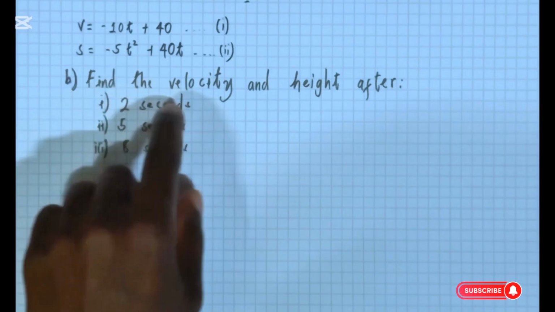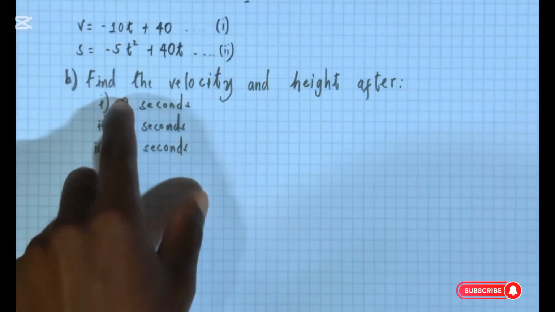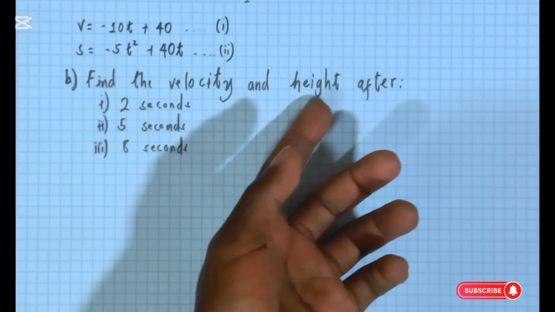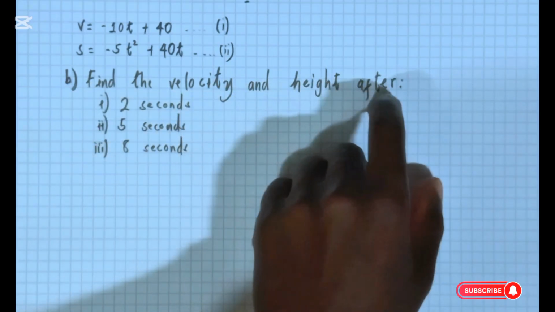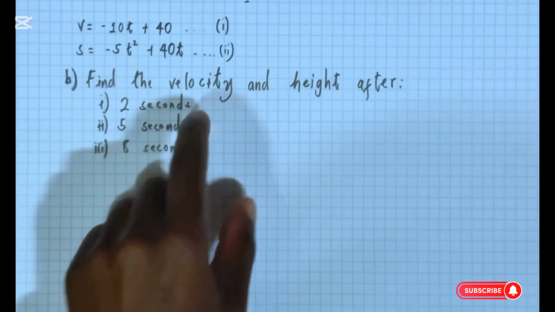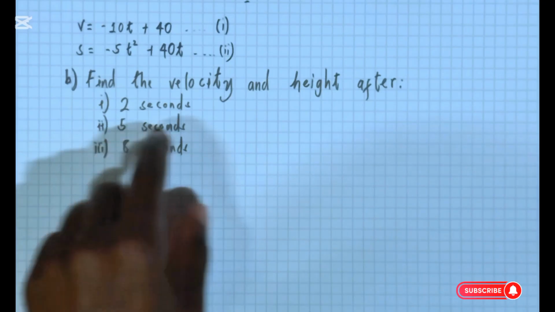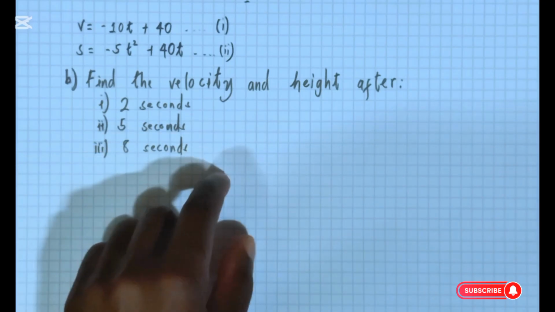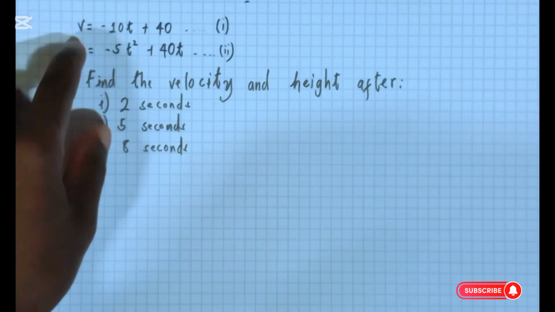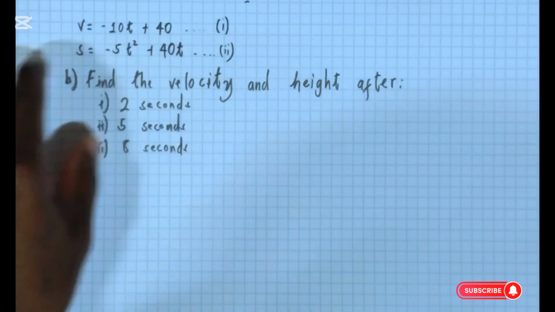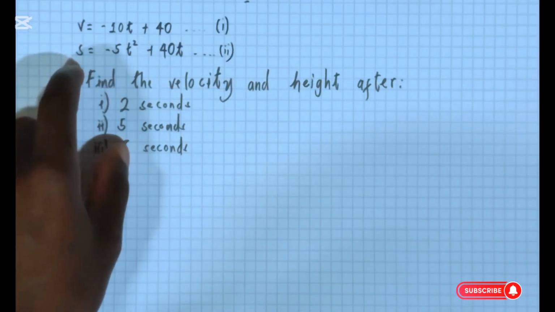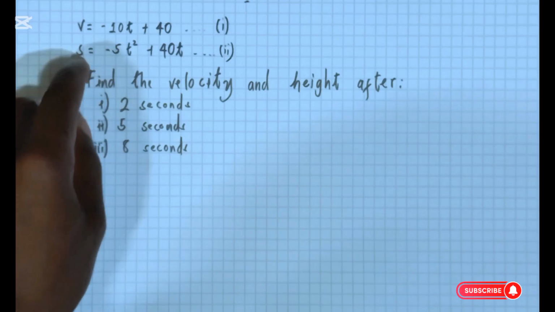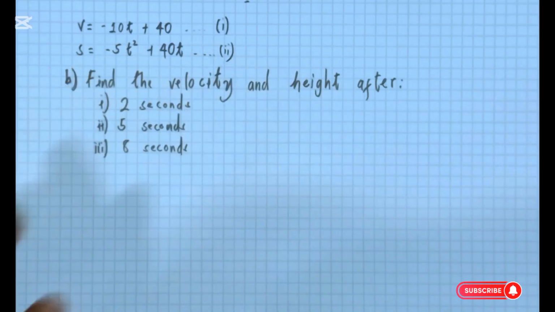We're supposed to find the velocity of the ball and its height at 2 seconds, at 5 seconds, and at 8 seconds. So we have the velocity function here and the height expression, as our equation 2 right there.